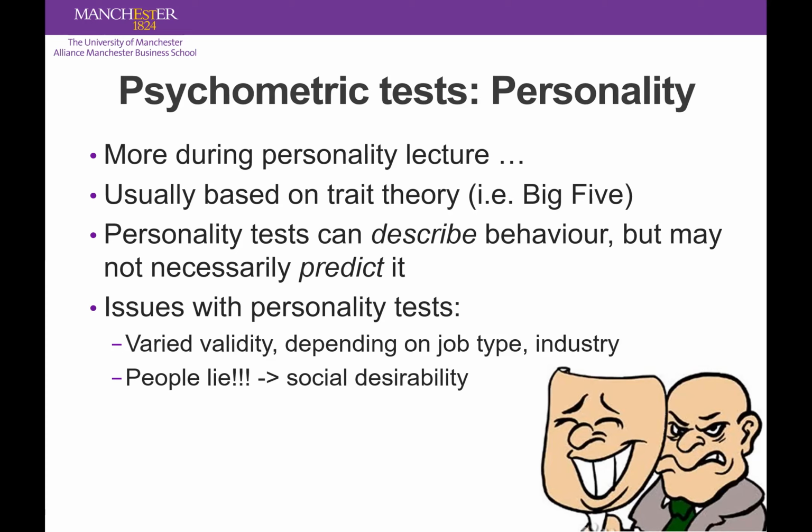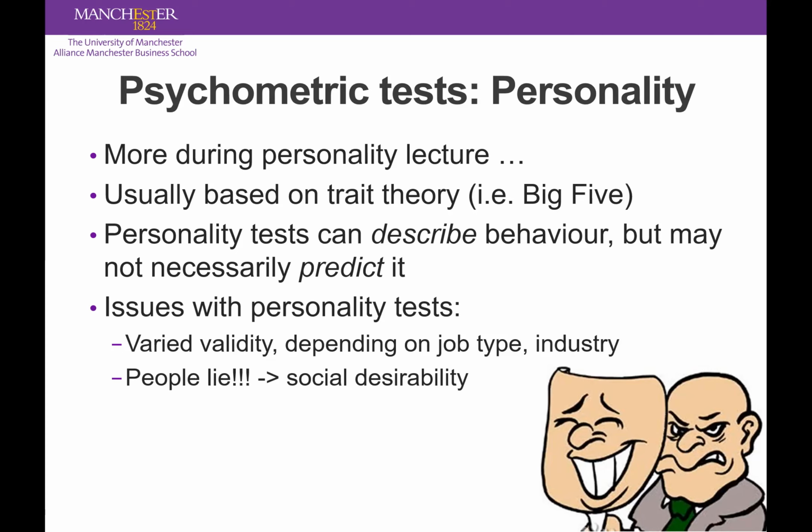And we can also see that the validity of some personality tests can vary, because it all depends on the job type as well as the industries. In some situations, using the personality test cannot fully reflect the employee's behavior as well as the performance in certain job types and industries.